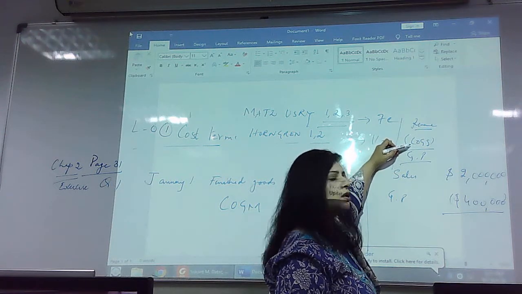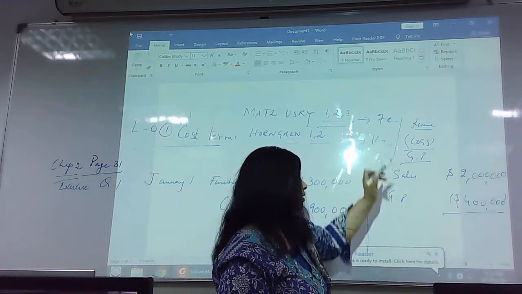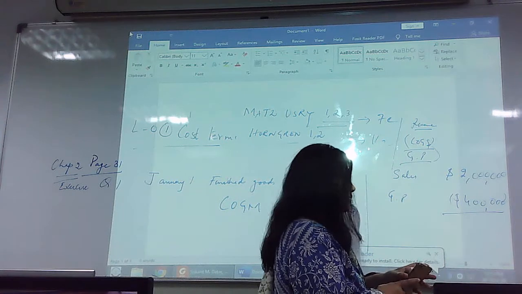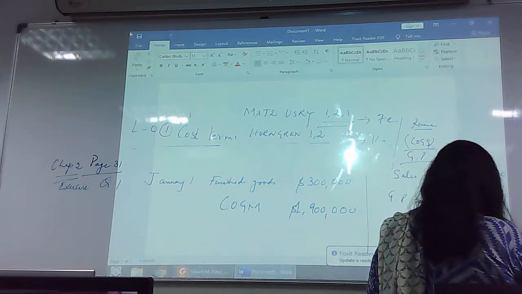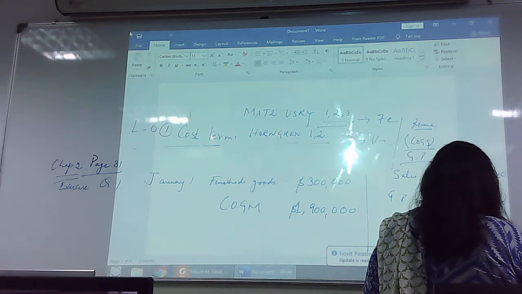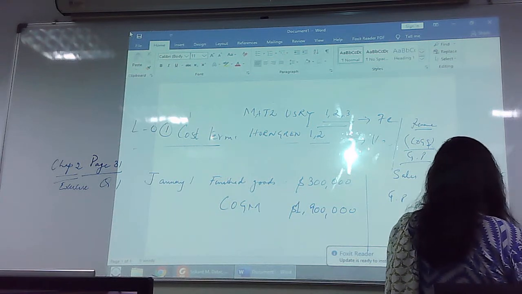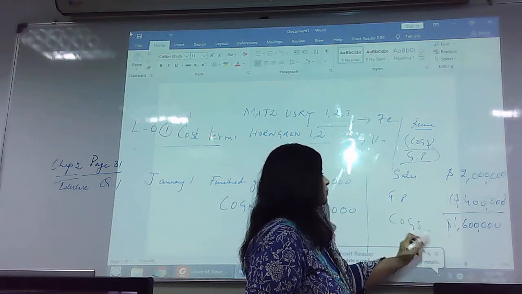You subtract the cost of goods sold, and you get the gross profit. So when you subtract the gross profit, you get the cost of goods sold. In this case, it's going to be $1.6 million. And you can see this is cost of goods sold.